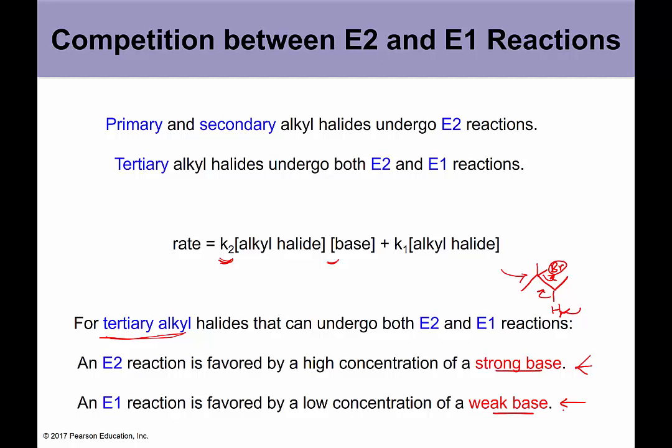And the weak base, if you're looking at the rate law, makes this rate constant low. And if you have a low concentration of base, that makes this first term even lower. And as a result, the dominant consideration is k1 and the alkyl halide concentration.